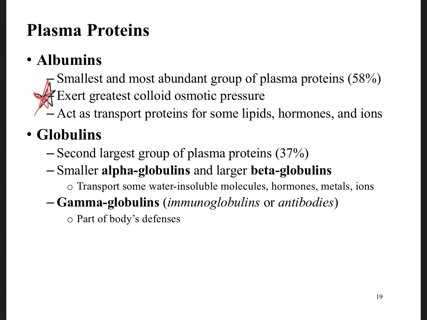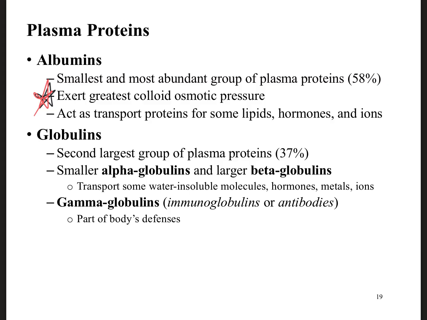Remember, blood is an aqueous solution. It's mostly water. So some lipids and other lipid-soluble hormones don't travel well in the blood because of the hydrophobicity of the lipid itself. Okay, so it has to be connected to and transported by a protein, an albumin.